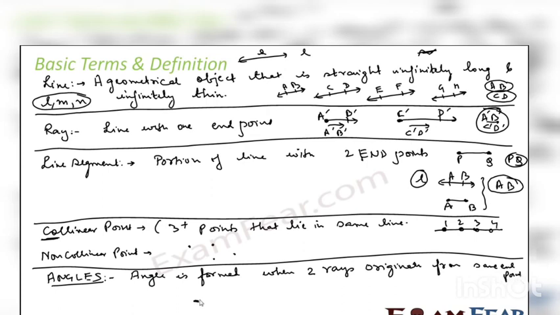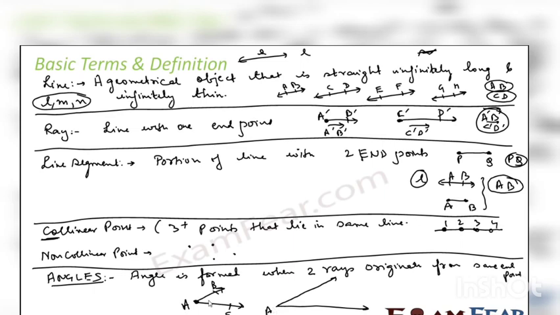So there is an end point, from this there is a ray originating, and one more ray originating from the same end point A. So this is an angle. You can give some term here, B, and you can give point C. So the same angle you can represent in this fashion also.